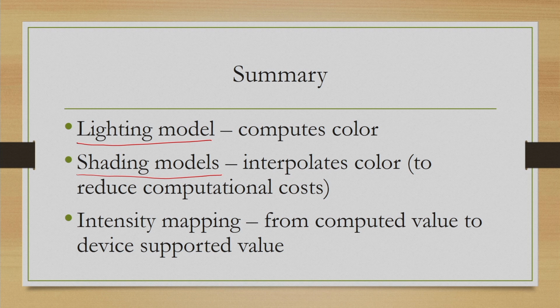Then the third concept that we have discussed is intensity mapping. With the lighting or shading model we compute color as a real number within a range of 0 to 1. So, any value can be computed. However, a computer does not support any value. It is discrete in nature. So, essentially a subset of all possible values is supported.